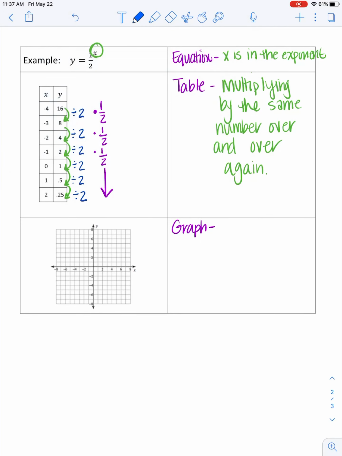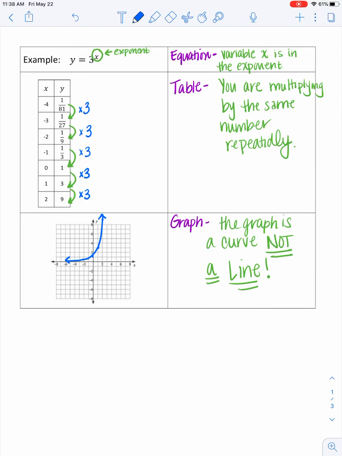Okay, and I'm going to sketch this graph as well. So we have -4 and 16, which I can't fit, -3, 8 I can fit, -2, 4, -1, 2. So I can get some of these in here, 0, 1, 1.5, 2.25, and you can see this curve, while still a curve, looks a little different than the previous.